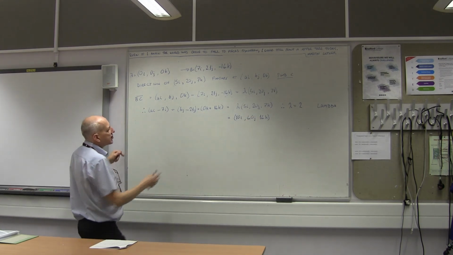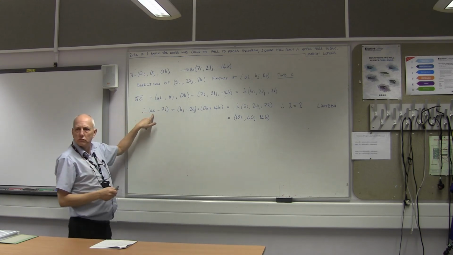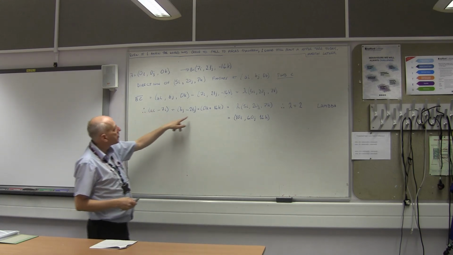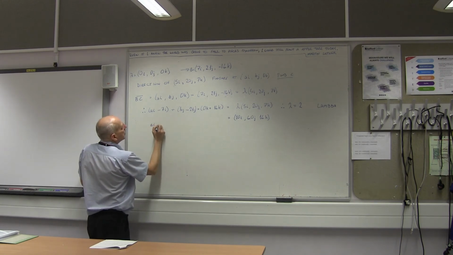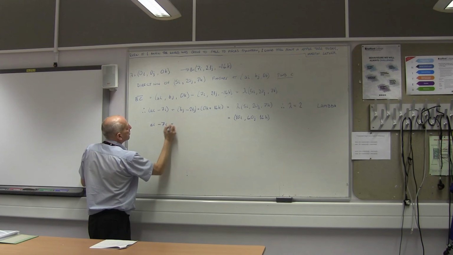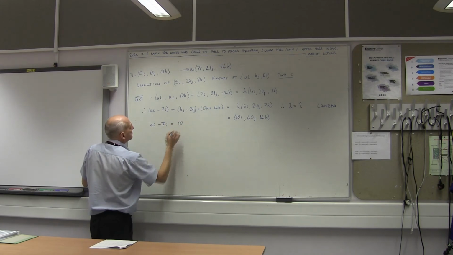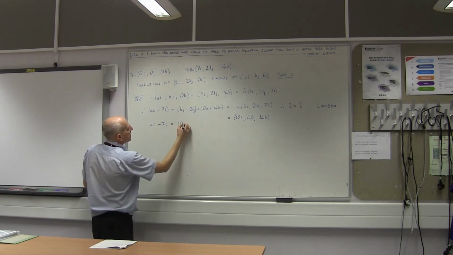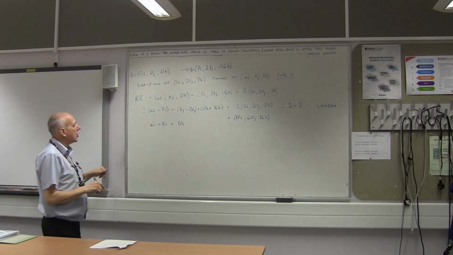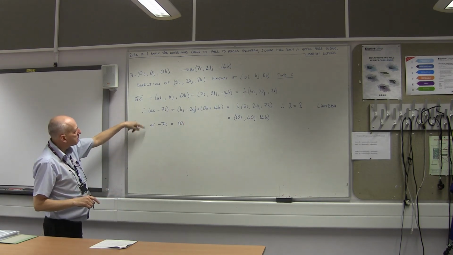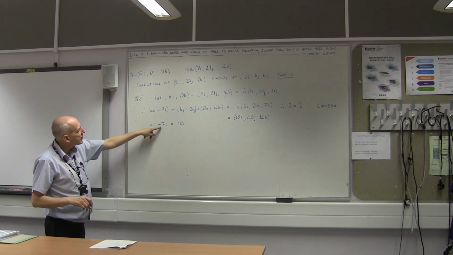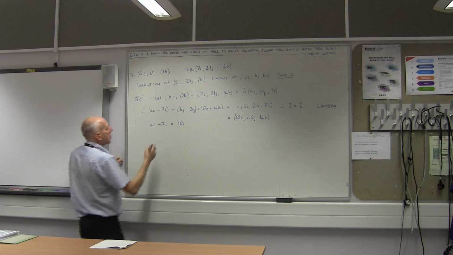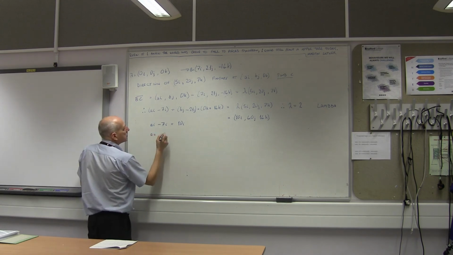So this is my I terms. So if you look at that, so we know this one. So A minus 7I equals 10, and it's a positive 10 as well. So that must mean that this is 17. 17I minus 7 will give me 10. So A must equal 17.